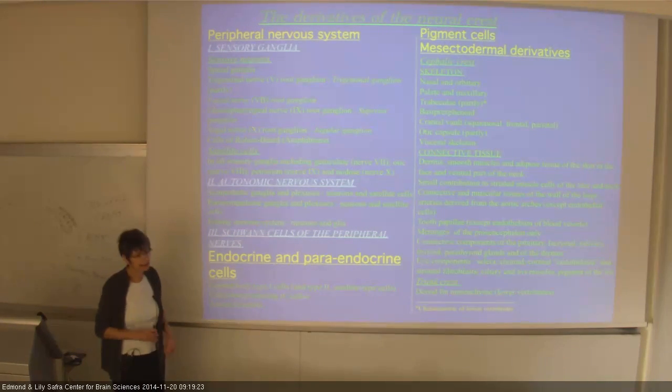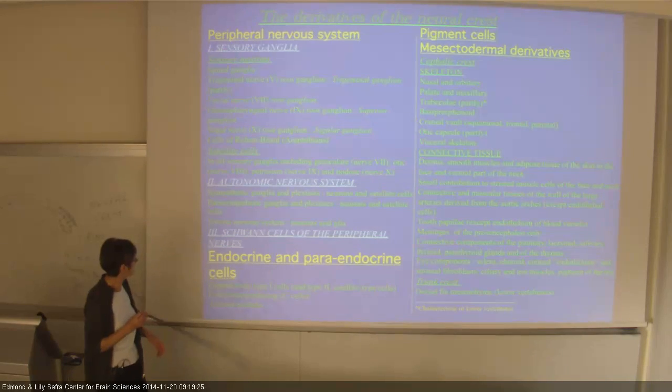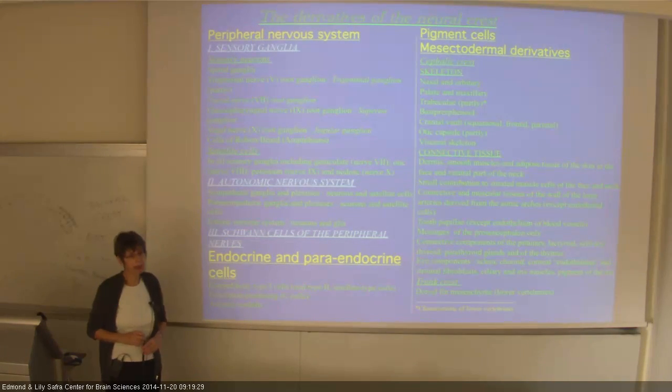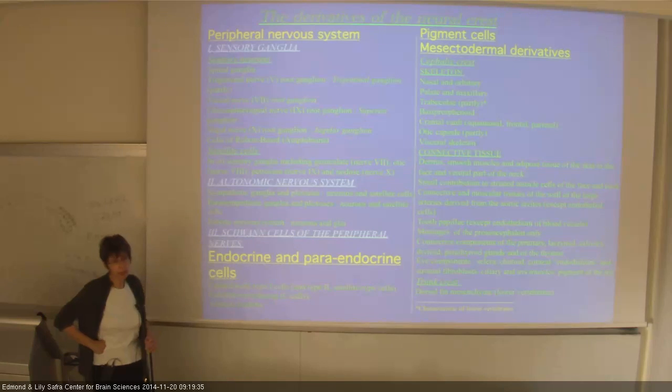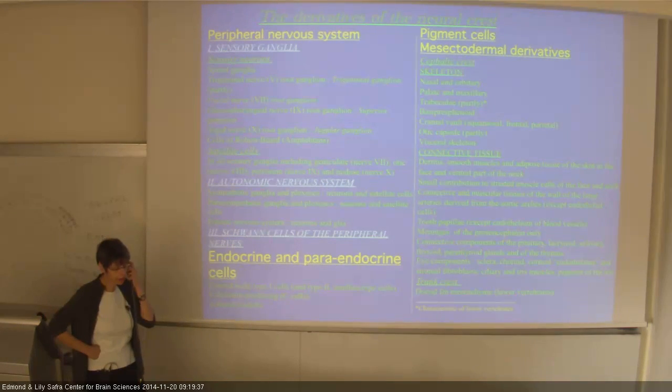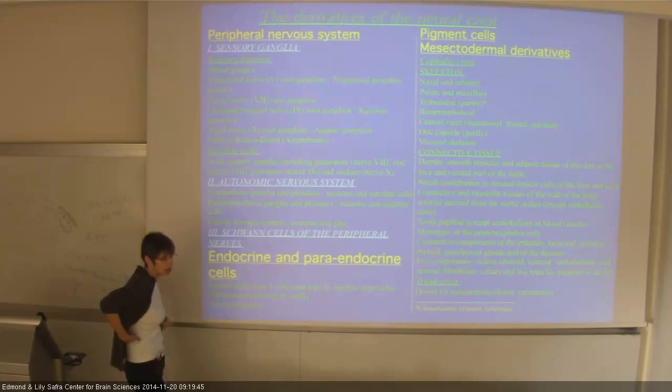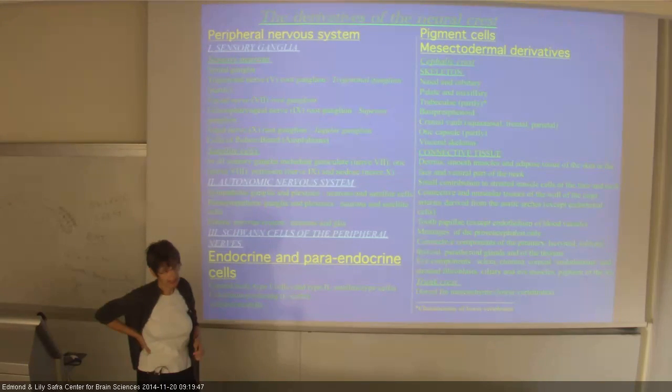So Schwann cells derive from the neural crest, and then there are quite a lot of endocrine and paraendocrine derivatives. The most famous include some thyroid components and parathyroid, calcitonin-producing cells, and so on, but the most famous ones are the adrenomedullary cells. On top of our kidneys we have two glands called adrenal glands, right?